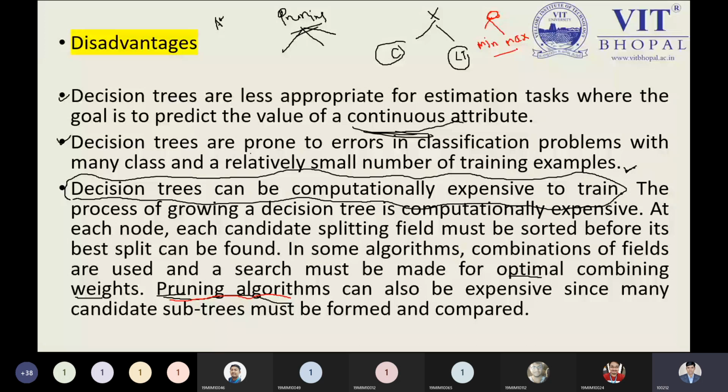So definitely a decision tree, to train the model, to build the model, takes much time. I'm taking a simple example. Suppose you need to go anywhere. You will take 1 day to decide should I go or not. Why? You are taking much time to take the appropriate decision, and once you have taken the wrong decision, definitely you're out of the room.